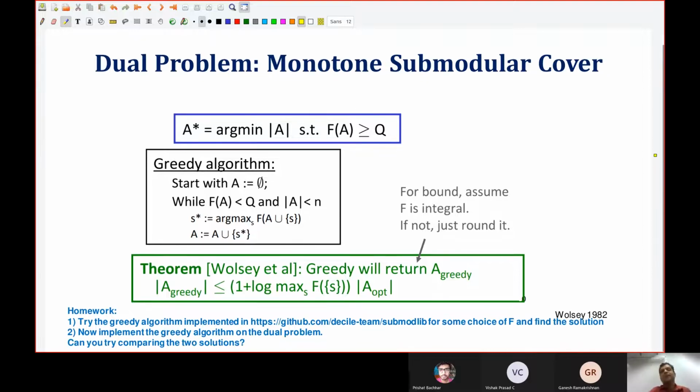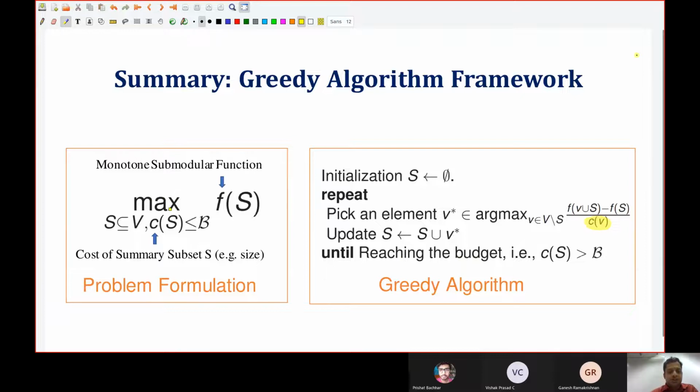I said there's another problem, which is a dual problem, about monotone submodular cover. The submodular function I wanted to maximize, let's use some color coding, this is the f(S) that I wanted to maximize.